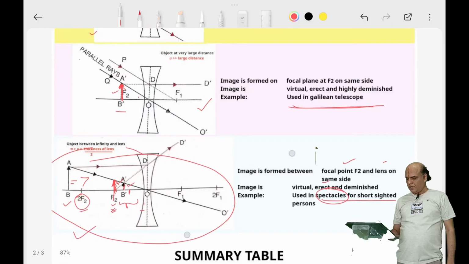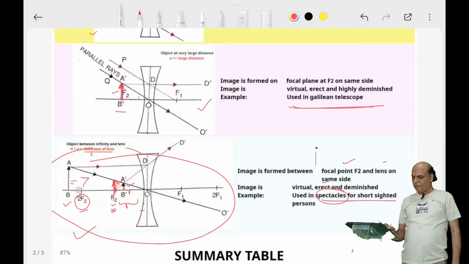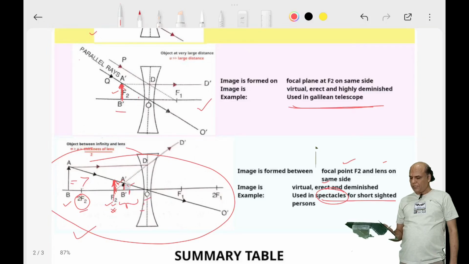The third kind is when the object moves closer but is still beyond the second focal point. For that matter, till the focal point, you place the object anywhere, the image is formed between the focal point and lens. It is always erect, virtual, diminished, and always formed between the lens and focal point.